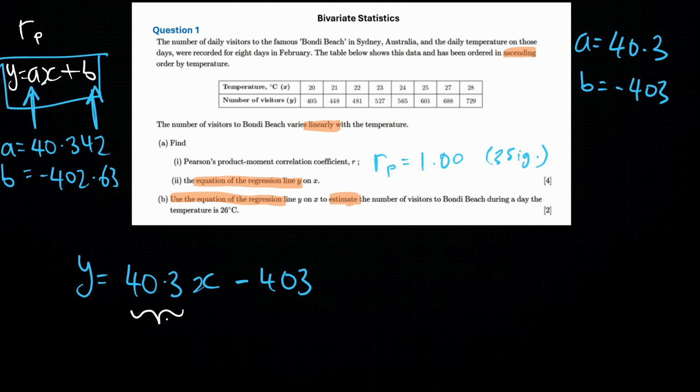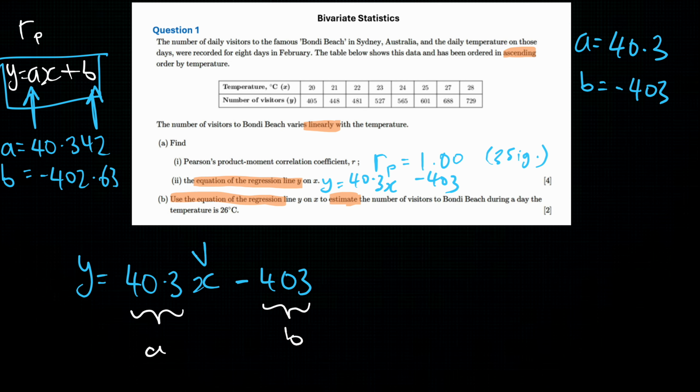Now remember, this was the a value. This was the b value. The equation of the regression line, therefore, is y equals 40.3x minus 403. Now, the final part is to use this regression line to estimate the number of visitors, right?